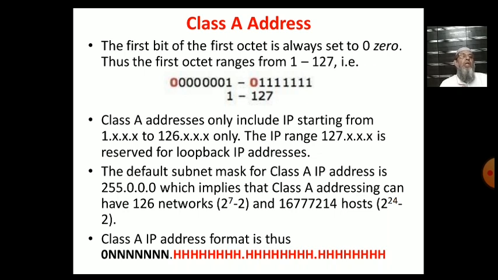So it ranges from 1 to 127, the starting number and the maximum number in this range. Any number from 1 up to 127 is treated as a class A IP address.